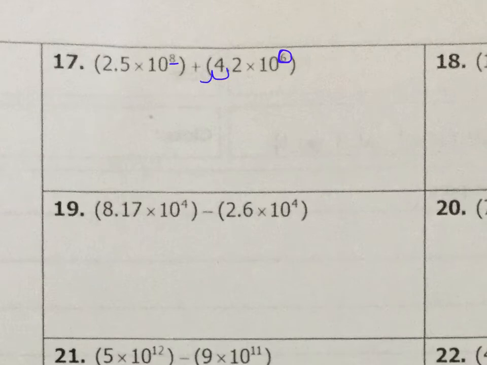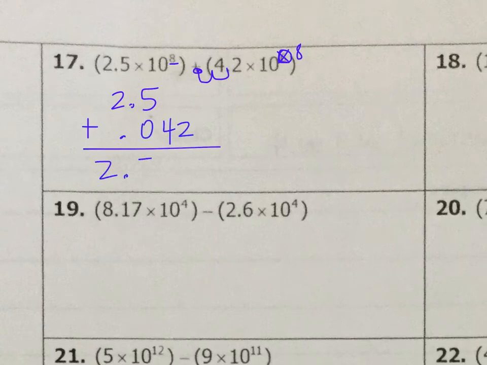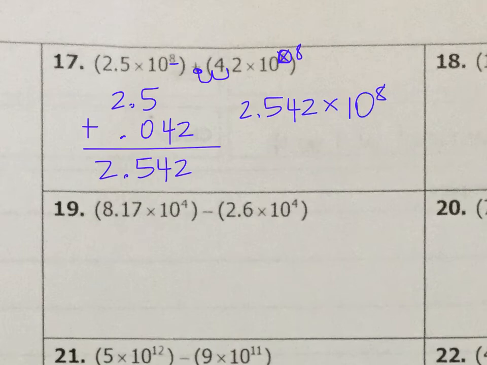So 2 spaces to the left. It becomes an 8. So then I get 2.5 plus 0.042. That equals 2.542. 2.542 times 10 to the 8th.